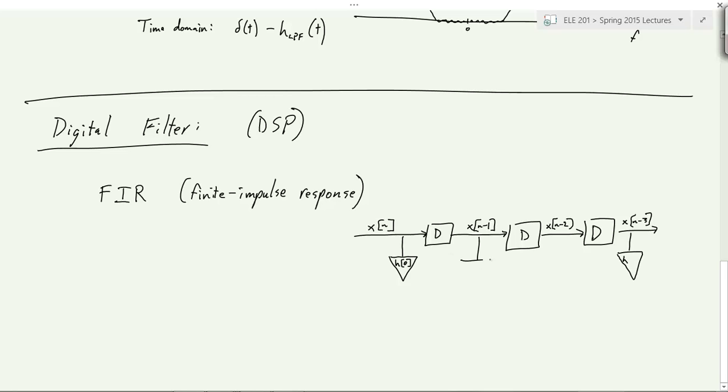I'm going to label that h of 1, h of 2. Whoops, that's n, not 2. H of 2 and h of 3. And out of these, I'm going to just add them all together.